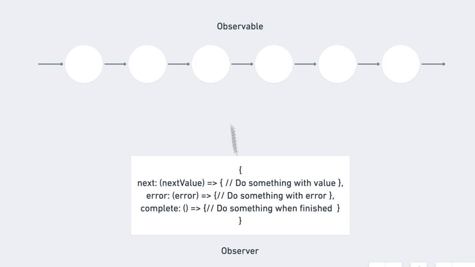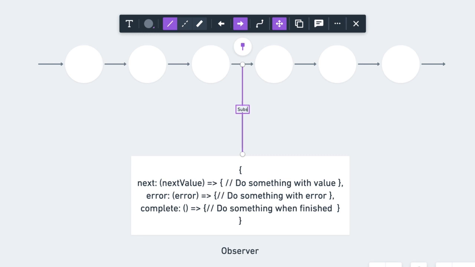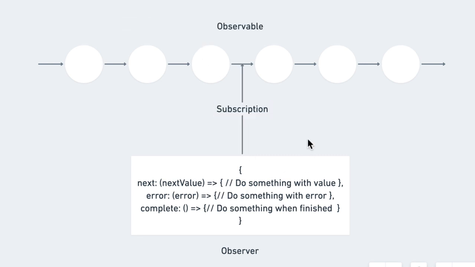And how this happens is through what's called a subscription. A subscription is essentially a way for us to tie our code, right, our observer, using what's called a listener.